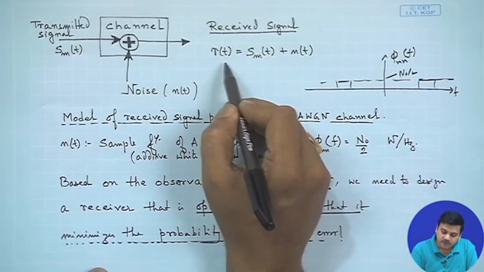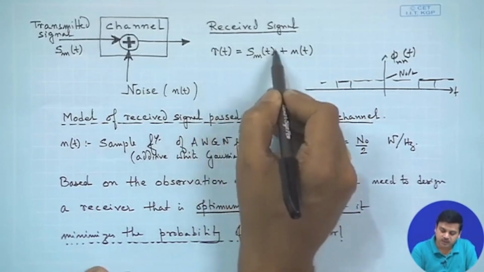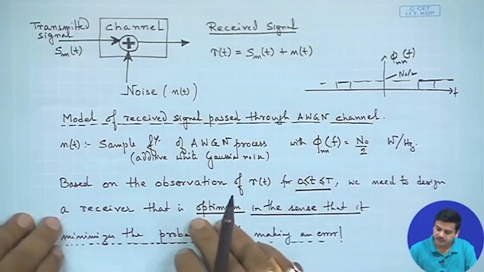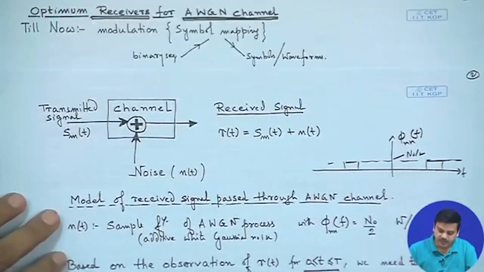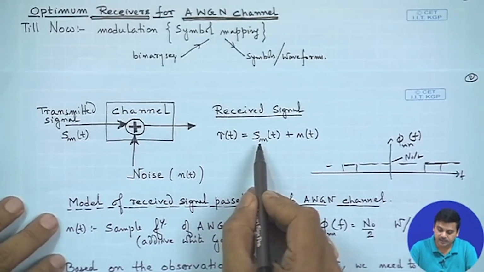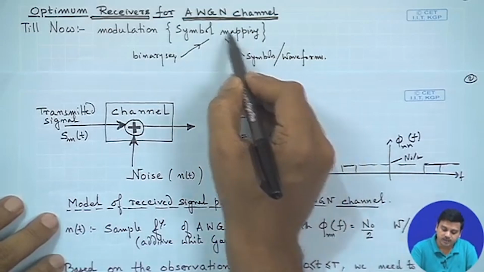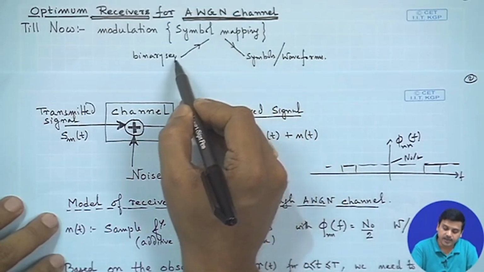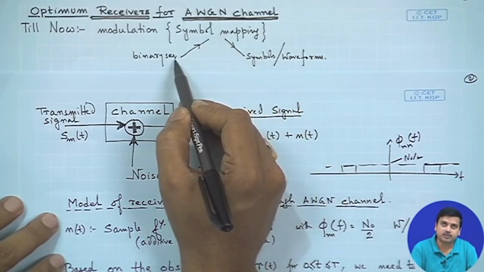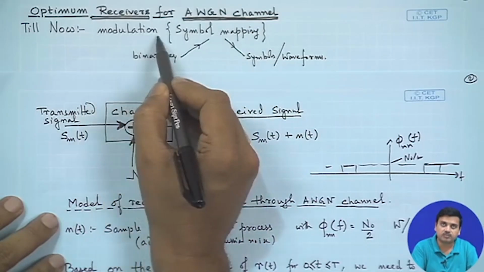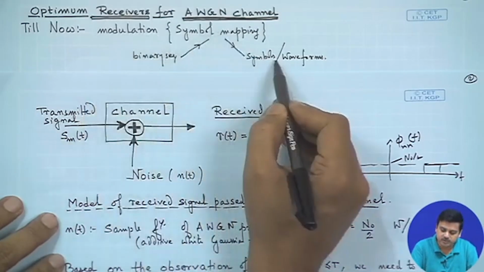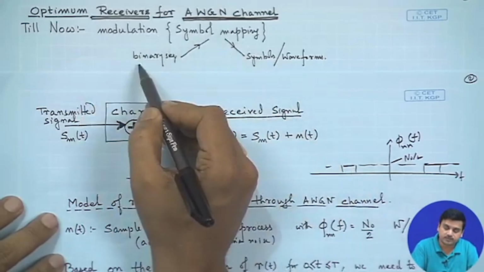The job of the receiver is to identify which s_m was sent, because if it is able to identify the waveform, it can do the reverse mapping and get back the binary sequence. That is the process of reverse modulation. Modulation goes this way, reverse modulation should go this way.